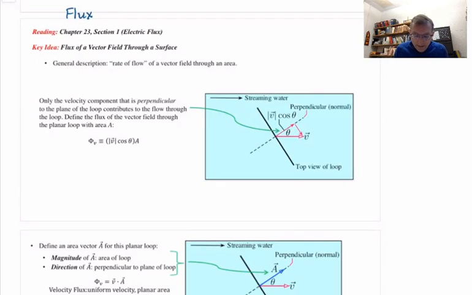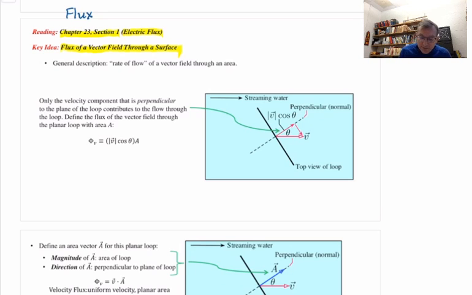So what I want to talk about now is chapter 23, section 1, which is entitled Electric Flux. But I want to step back and be a little more general than that. So I really want to talk about the flux of a vector field through a surface. It could be any kind of vector field through any shaped mathematical surface.